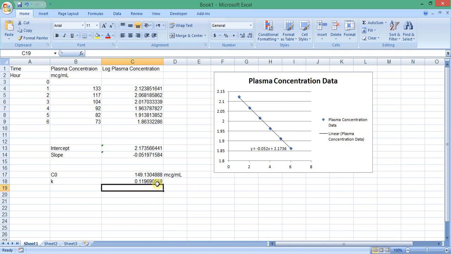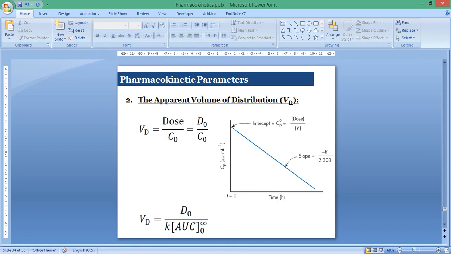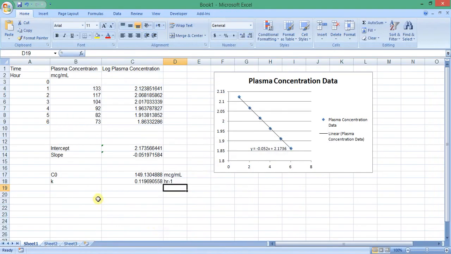The elimination rate constant has the unit of time to the power minus 1, using the same unit of time used here. We then calculate the volume of distribution. The apparent volume of distribution equals dose divided by the concentration at 0 time.